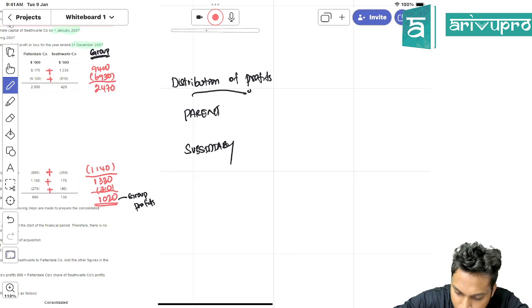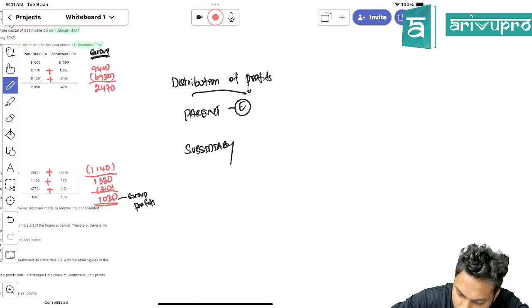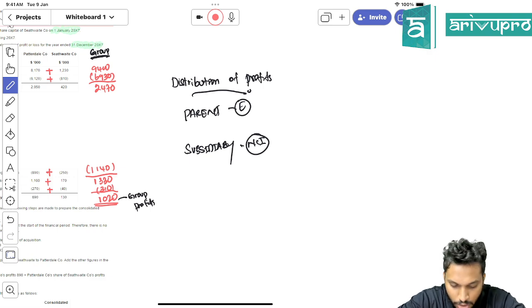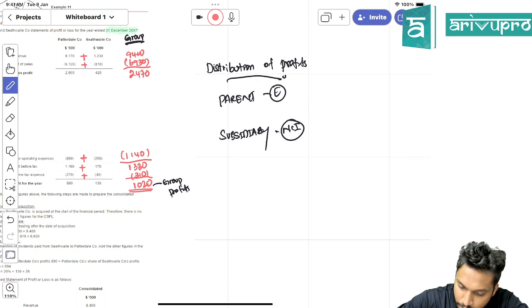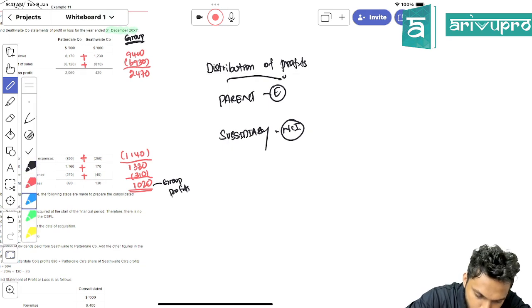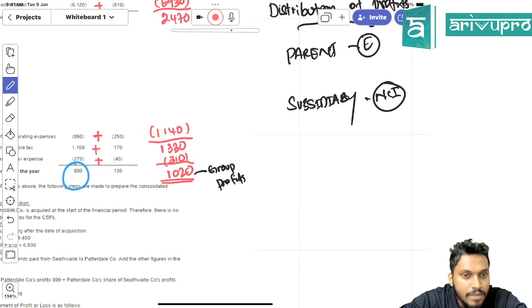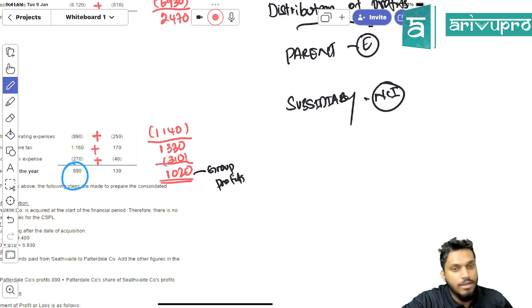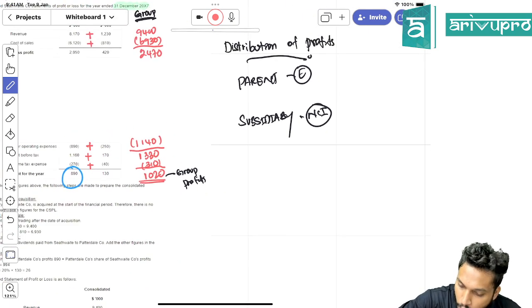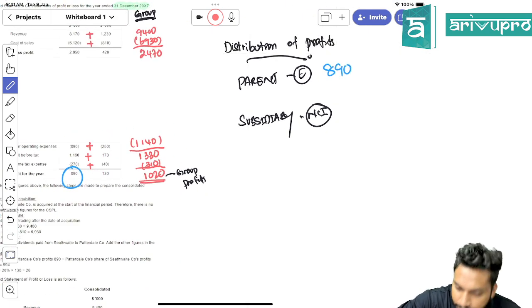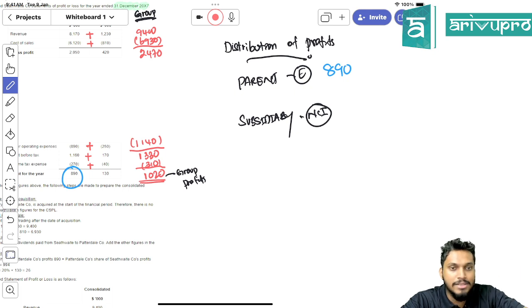The parent is your equity holder and the subsidiary is your non-controlling interest. So guys, for the parent, their entire profit belongs to them, isn't it? Will they share that 890? No, that is completely belonging to them. So that is 890. The parent's profit, 100%, belongs to the parent.